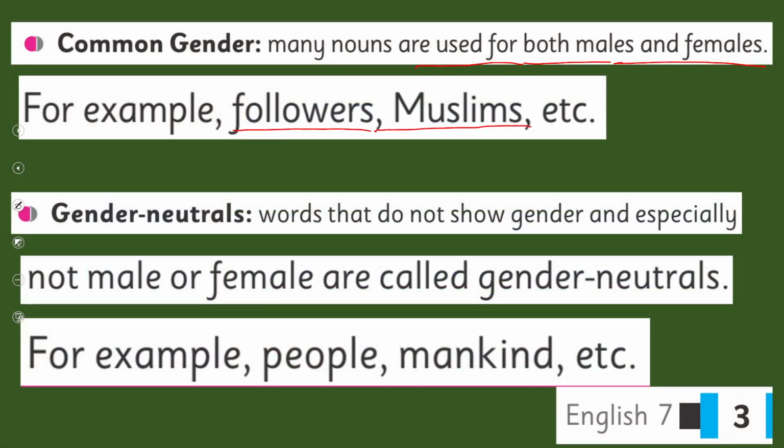Now we have gender neutrals: words that do not show gender, especially not male or female, are called gender neutrals. For example, people, mankind. These kinds of nouns do not have any gender.